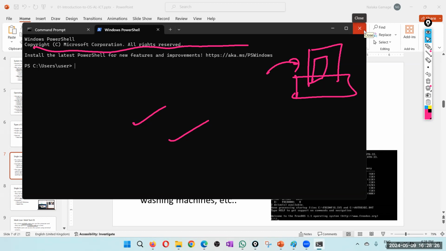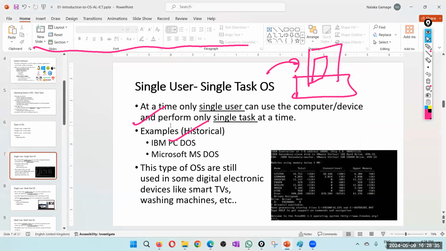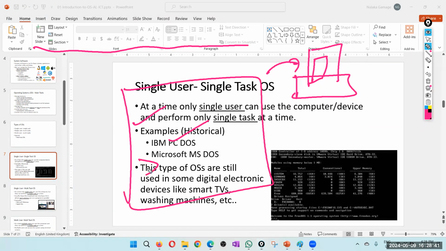But in the early days of operating systems, the 1960s, 70s, 80s, when you switch on your computer, it boots up and gives you a command prompt. In that command prompt, you can run different programs. Therefore, single user, single task.